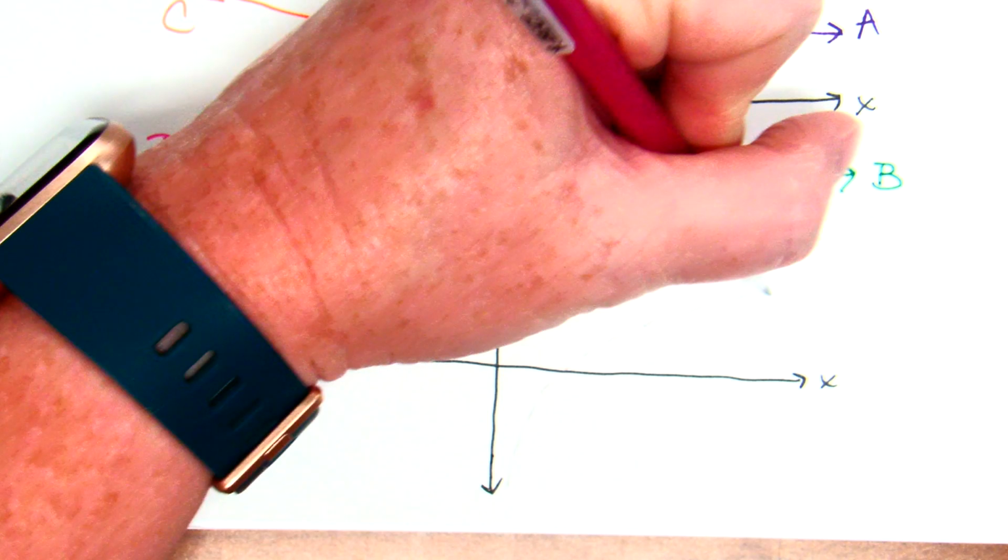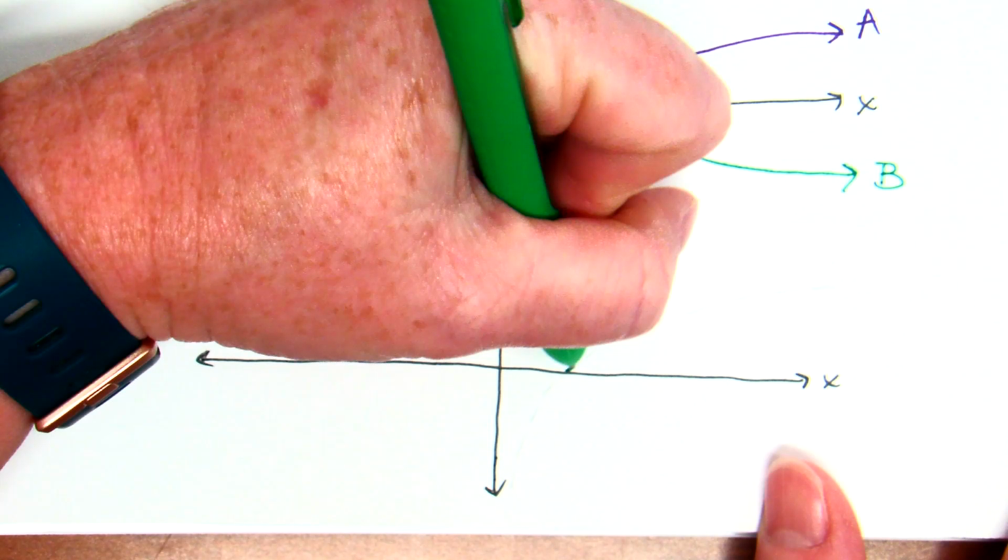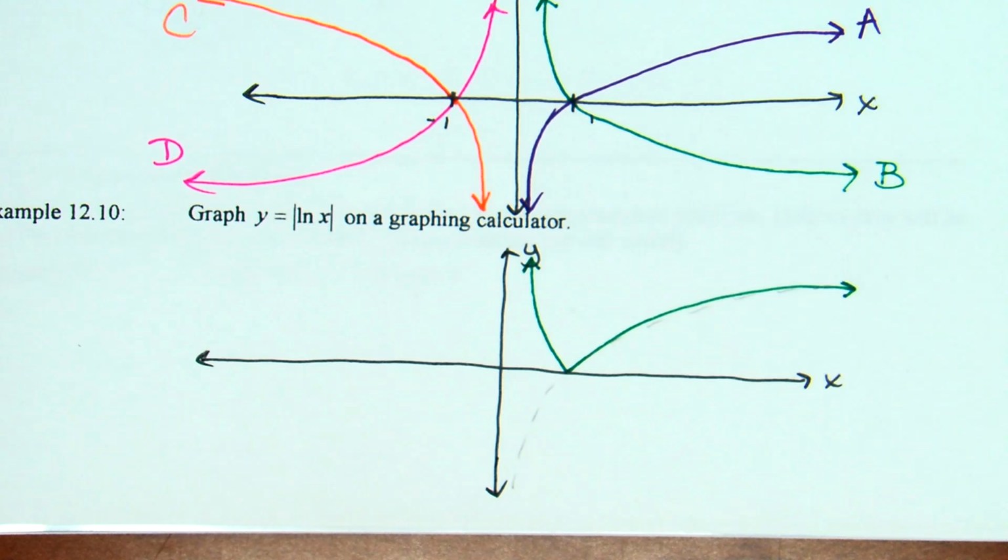Why does absolute value of natural log of x look like a check mark? Yeah, anything that's already positive, what's up above the x-axis, stays positive. Anything that was down below is now going to be up above, and it gets flipped up. We talked about that the other day, right? Now, that is if you did y equals absolute value of natural log of x.